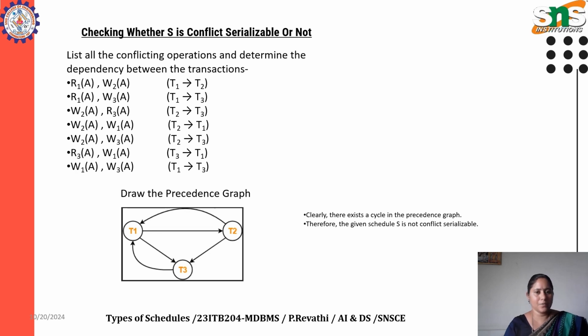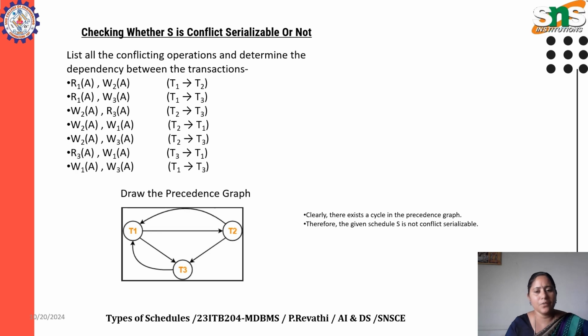In this graph we are mentioning the dependency between T1, T2 and T3. Clearly there exists a cycle in the precedence graph.